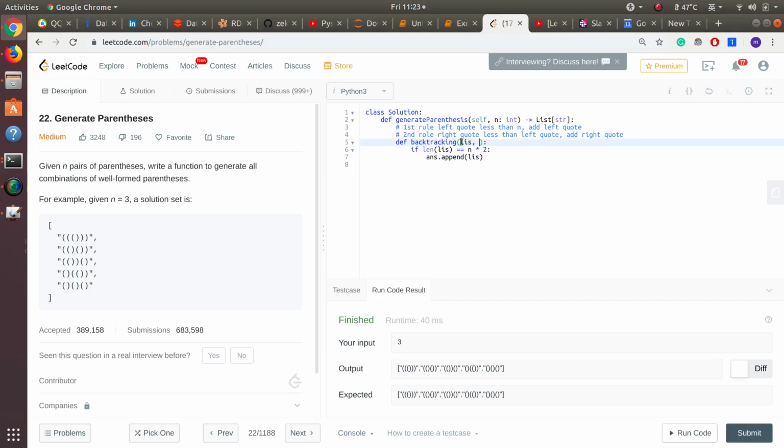So we need the list, answer, n, and then there are another two rows we need to implement here.